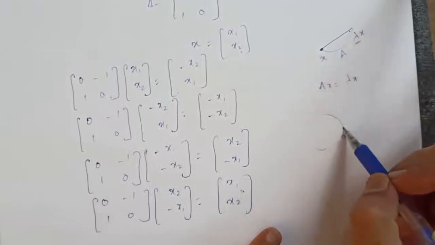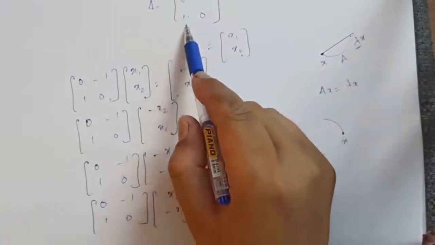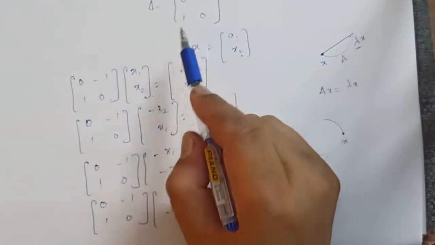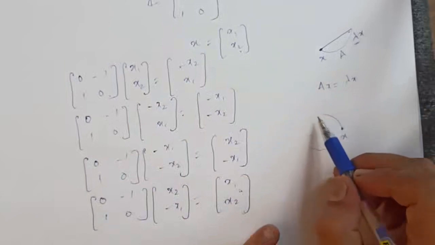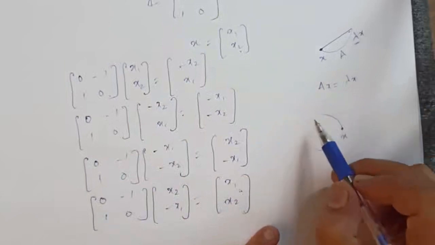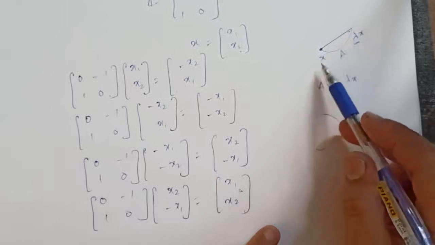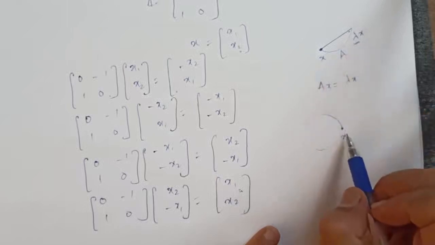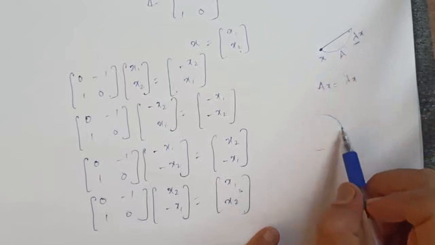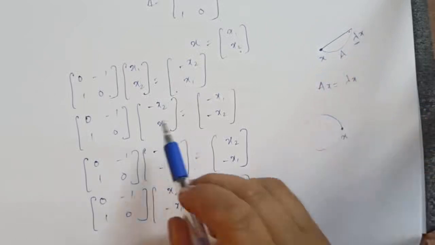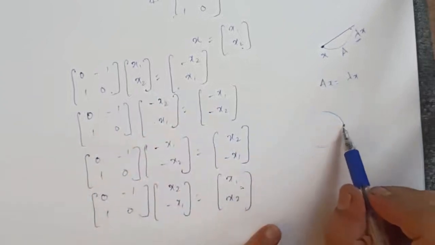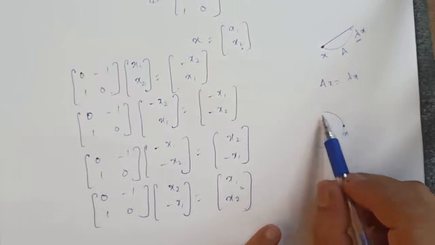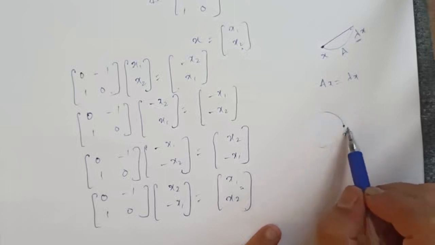But we will see shortly that this matrix A has complex eigenvalues, and what it is doing is rotation rather than scaling. We need complex eigenvalues to rotate this and bring it back to the same point.